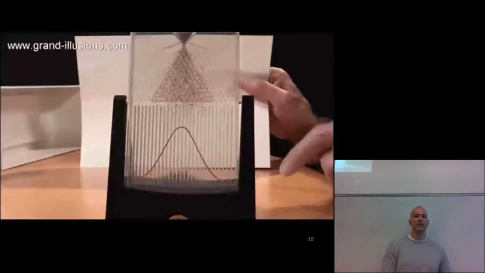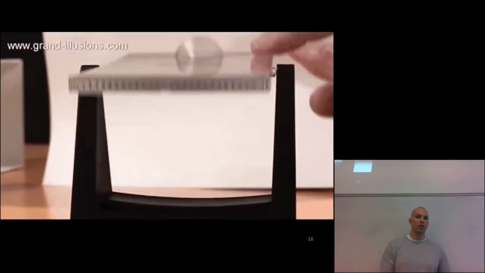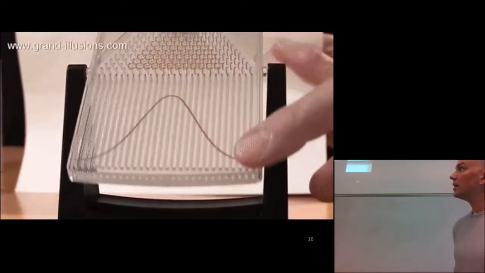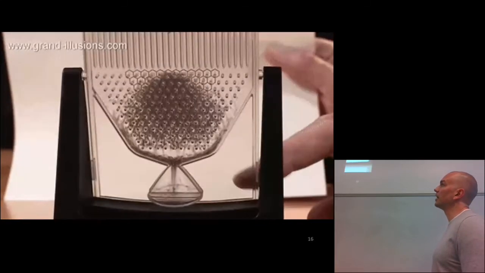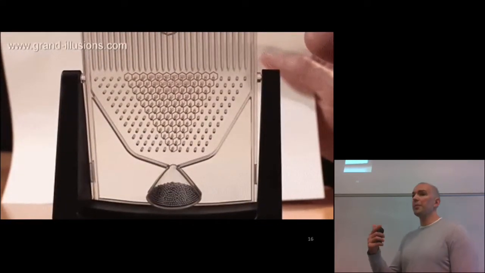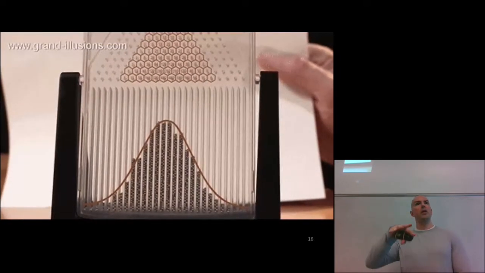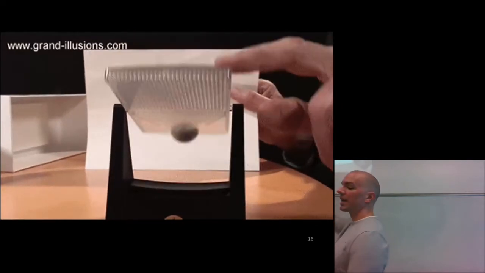This is a device that produces a normal curve. Basically it has a whole bunch of steel balls in one side of this device, and what happens is you flip that device over and all these steel balls start pouring out. And at each level, there's, like, 10 levels.